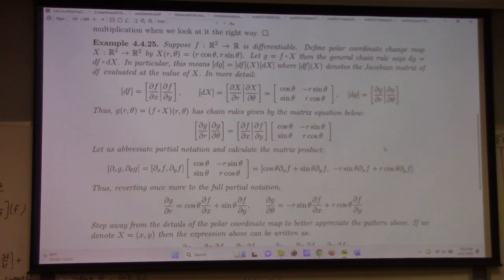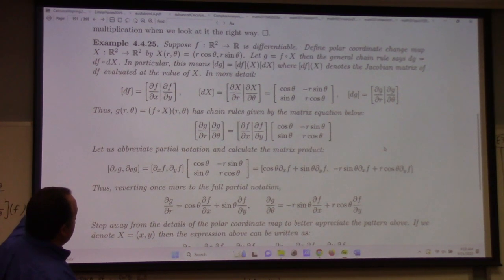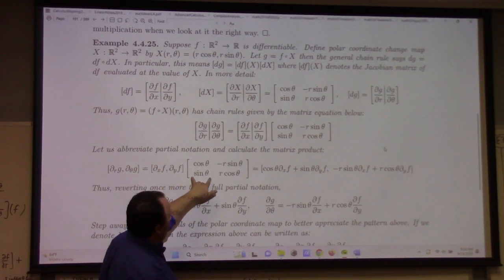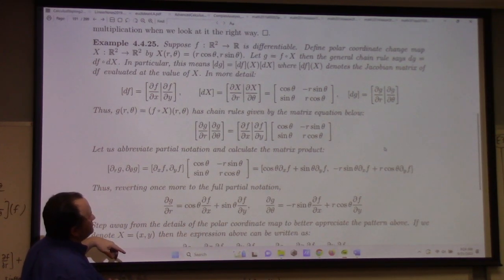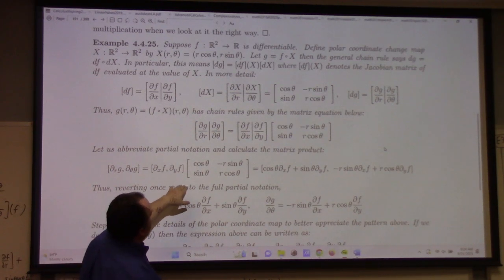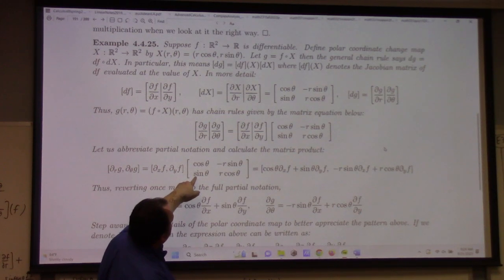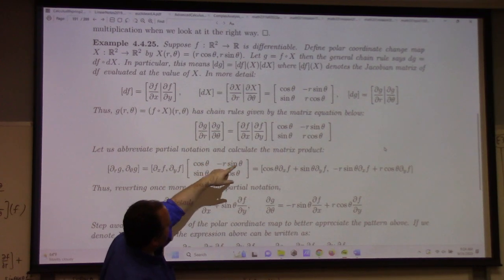So if I'm looking at the coordinate change map, so I go from R2 to R2 with x here, if I do this times that matrix, I get the chain rules I wrote today. And this matrix is exactly the matrix of the coordinate change map as I have up there. So you get partial x, partial r for the first column, partial x, partial theta for the second column, like that.